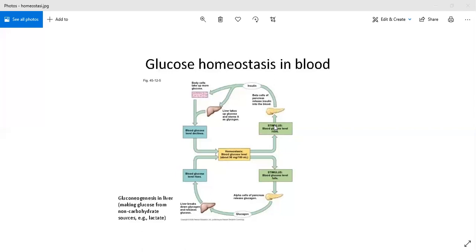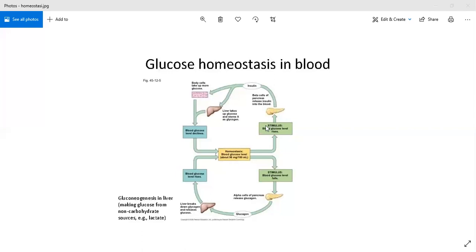We said for millimoles per liter, the normal amount is 3.3 to 5.5. So when it goes above 10, that is severe hyperglycemia. But if you use 90 milligrams per mole, when it goes above 120 or above 100, there's hyperglycemia.